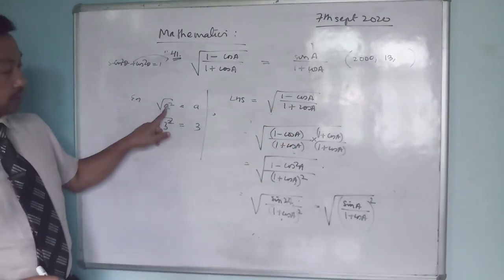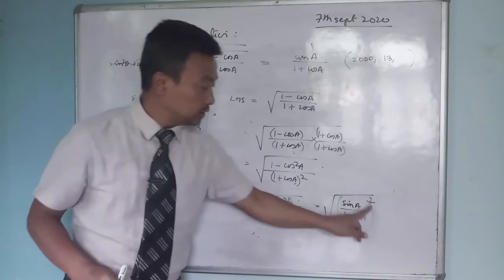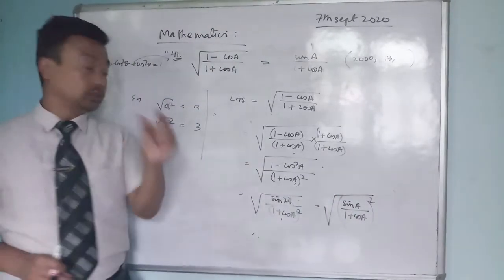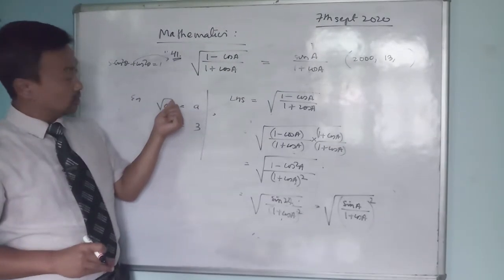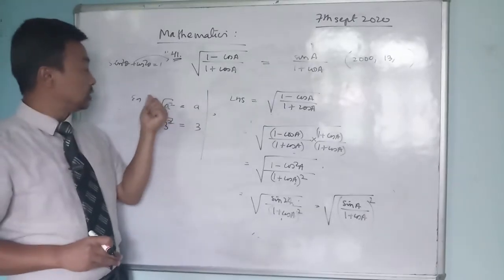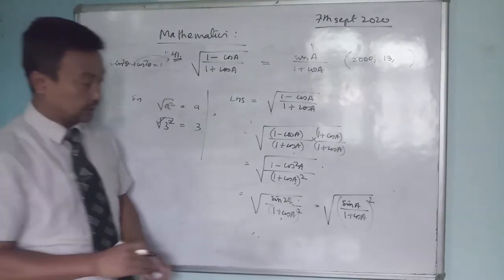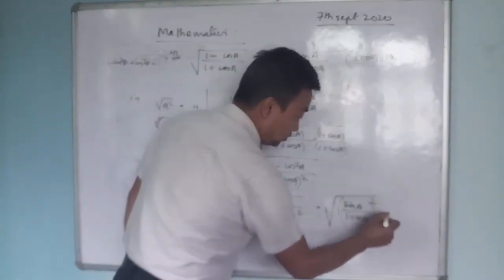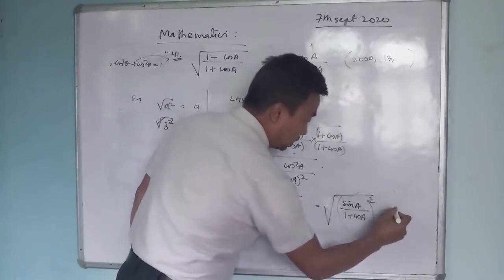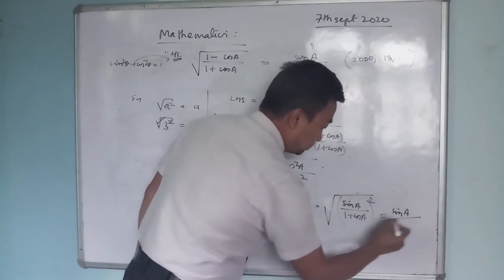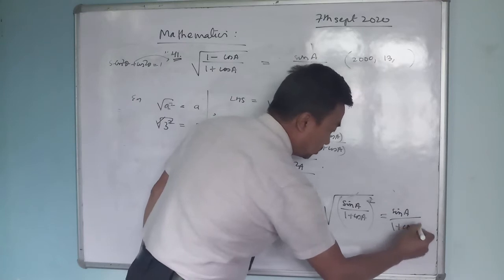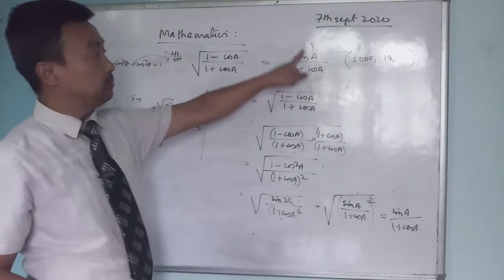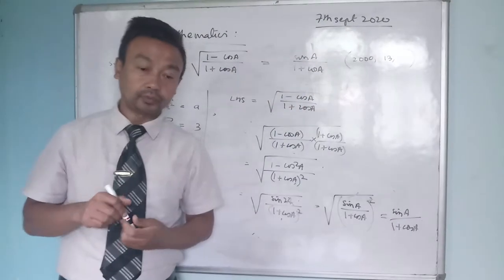Now try to compare this. This whole thing inside the bracket looks like a single term, like A. The power is 2 and there is a root under. So this square and the root under cancel. So we get sine A upon 1 plus cos A, which is same as your right hand side.